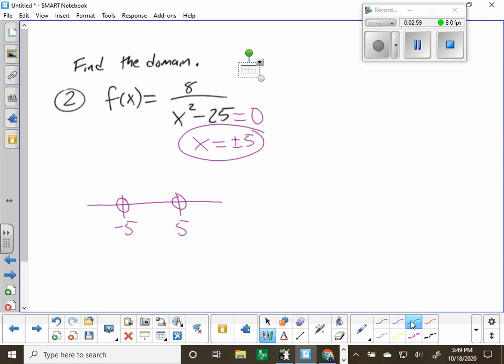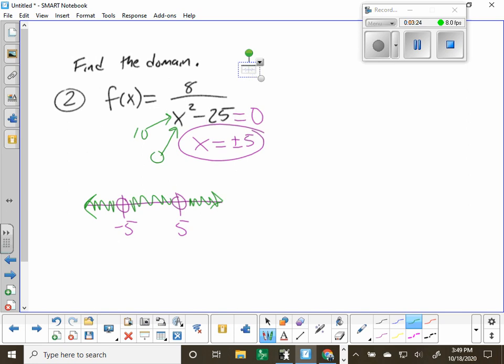I'll go green here. So if I put 10 in here, that would be 100, and minus 25 is positive, so anything bigger than 5 would work. If I put in something like 0, then it'd be 8 over negative 25, which would also work. And if I put in big negative numbers, it would also work. So everything works except for 5 and negative 5.